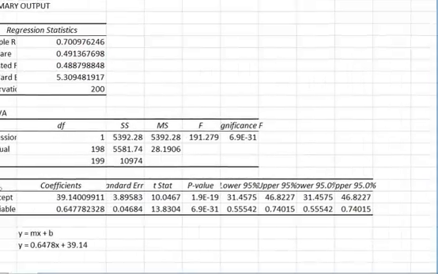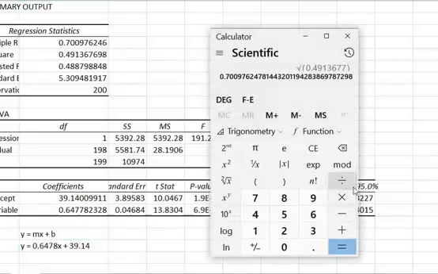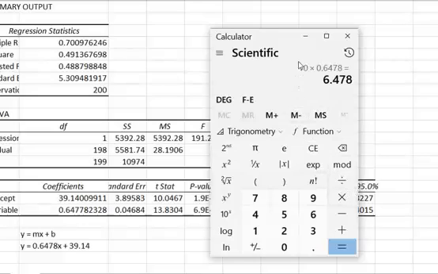What a slope tells you, it tells us that our exercise heart rate goes up by 0.6478 units for every 1 increase in our resting heart rate. So if a person has 10 more beats per minute for a resting heart rate, we expect 10 times 0.6478. We expect 6.478 more beats per minute for their after-exercise heart rate.